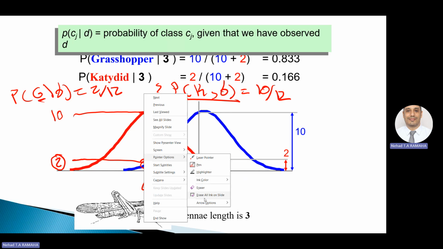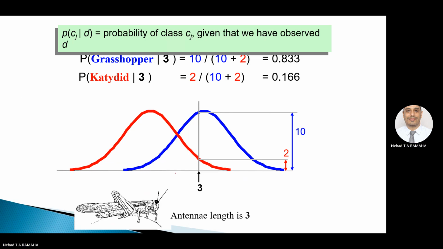Okay. Another example. Here, maybe 5, for example, if the numbers here are 5 and 5. So we have 5 katydid and 5 grasshopper.